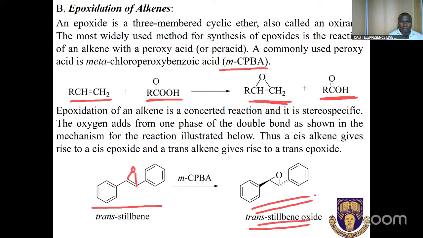So this is epoxidation, and in simple terms, what you need to remember the most is that a peroxy acid, or peracid, reacts with an alkene, and you have formation of a three-membered cyclic ether called an epoxide.